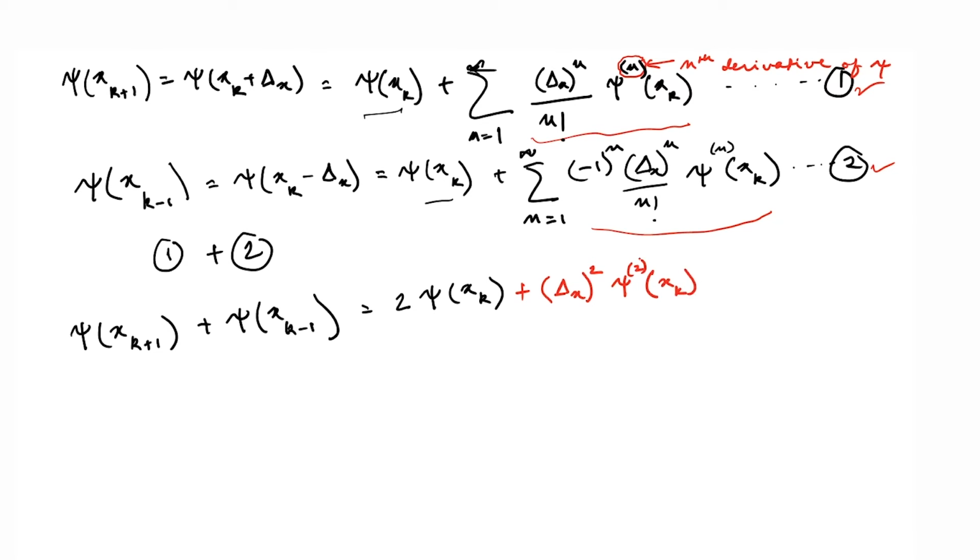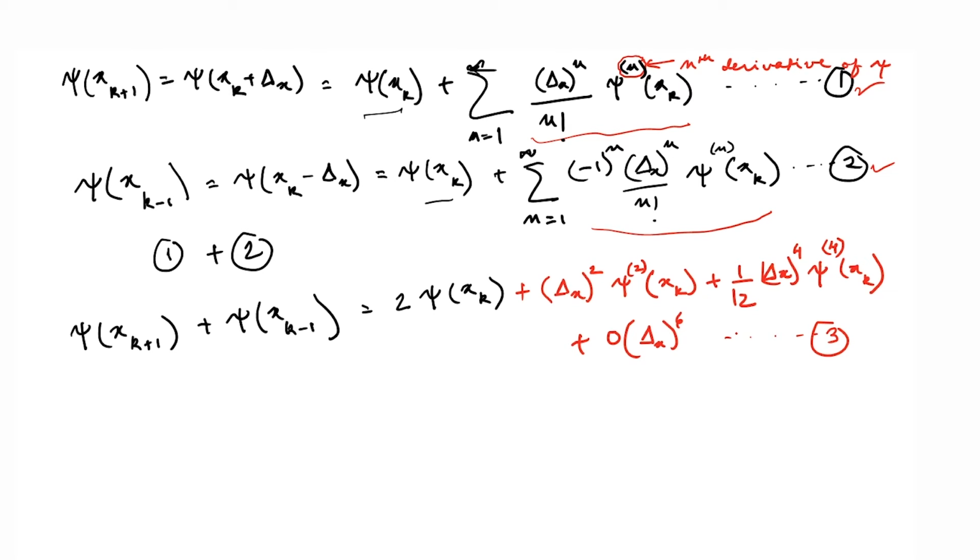Again remember, psi 2 is the second derivative of psi, plus 1 by 12 delta x to the power 4 psi 4 at x k, plus order delta x to the power 6. This I call equation 3. So, I am keeping terms till the fourth order and neglecting the other terms in my expansion.